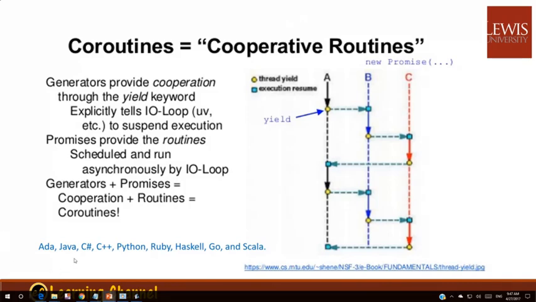Ada, Java, C#, C++, Python, Ruby, Haskell, Go, and Scala all have coroutines. The first language that had coroutines may be Ada.